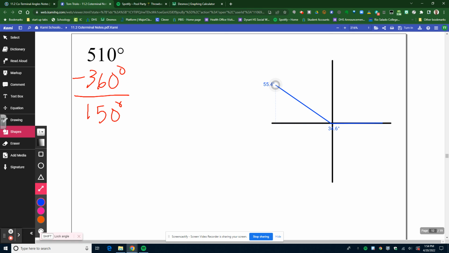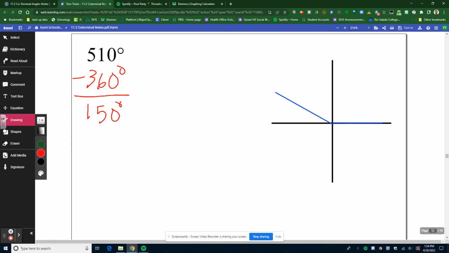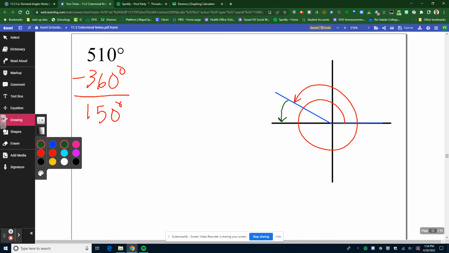So look at the bottom number, and we change that until it's, look at the top number, change that until it's 60. Okay? The bottom number is your reference angle. Okay? How many degrees is it from 150 to 180? 30. And that is your reference angle. Okay? Oh. So here is my 510 degree angle, but my reference angle is how many more degrees I need to go to the horizontal.